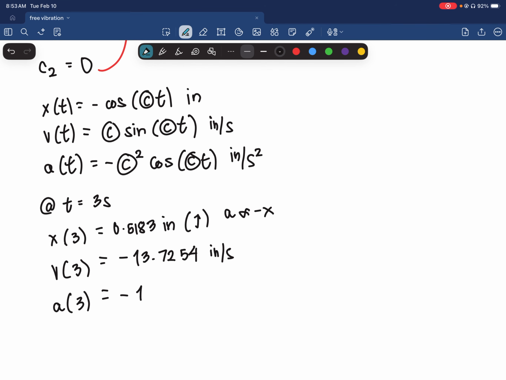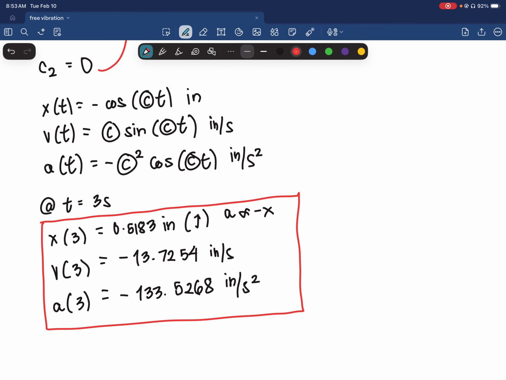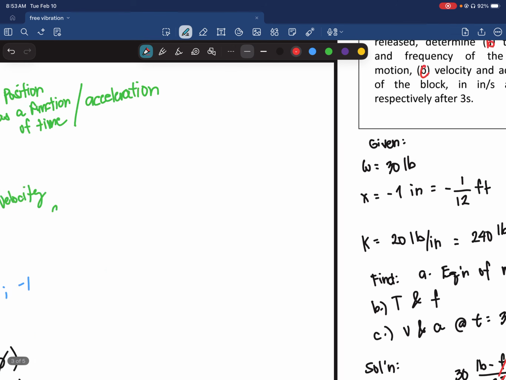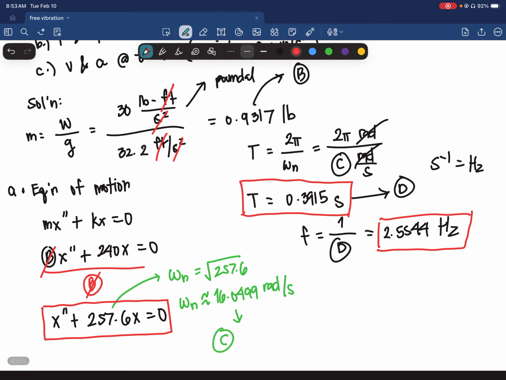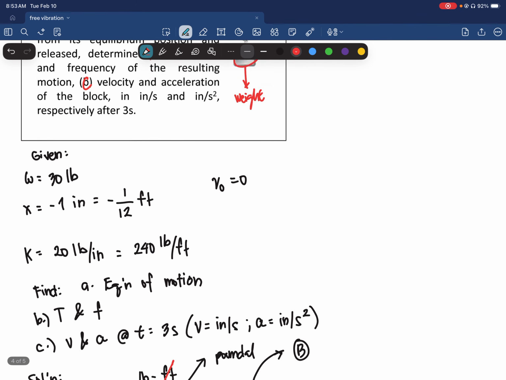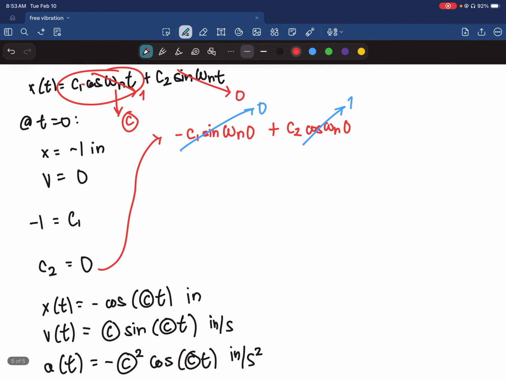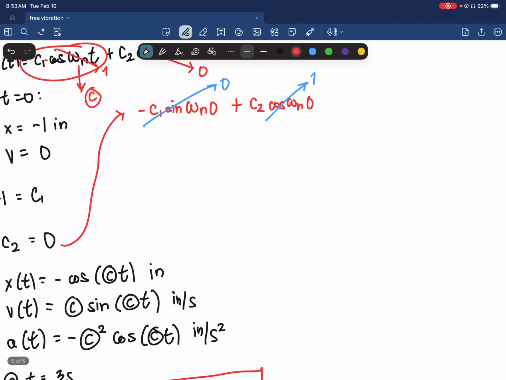This is negative 133.5268 inches per second squared. So, these are our answers. This is part C, this is part A, this is part B. Okay? So, it's that simple.